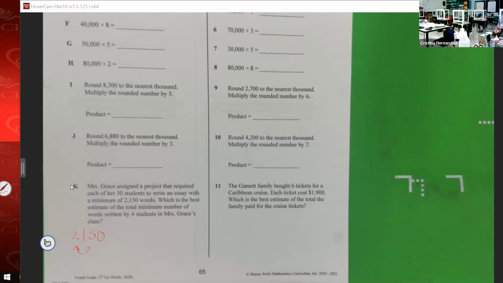The 2 stays a 2, and everything behind it becomes 0. 2,000. So 2,000 times 4, what do we get?